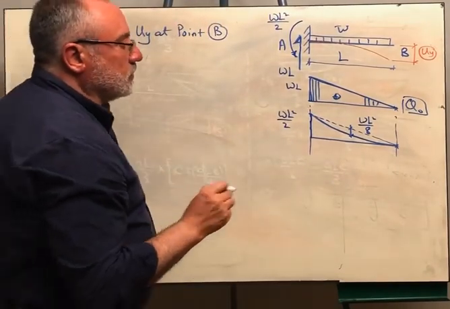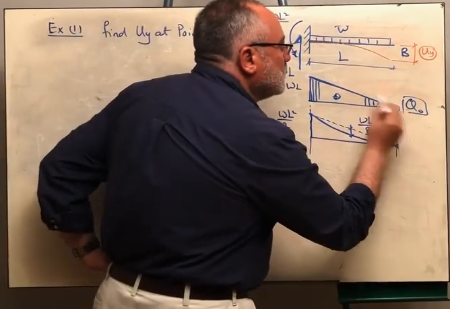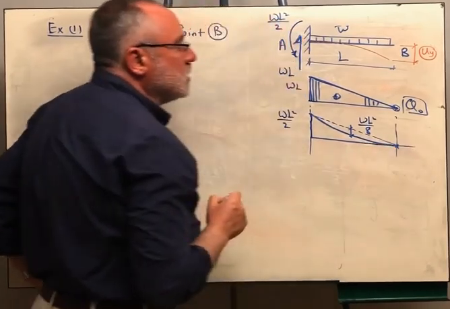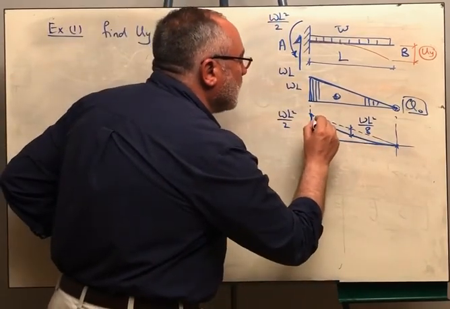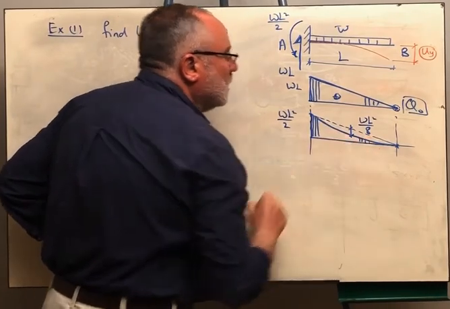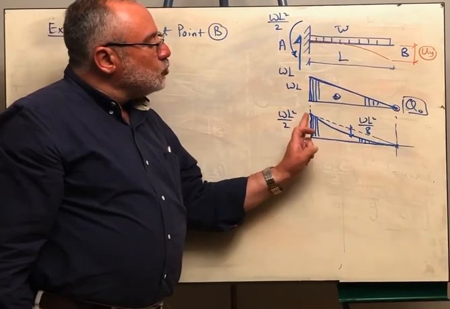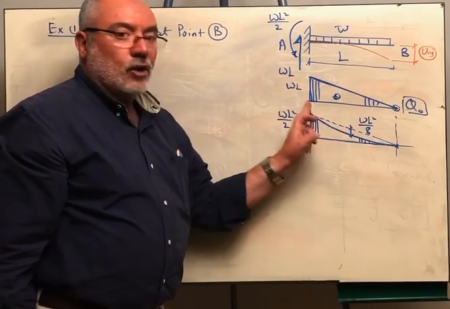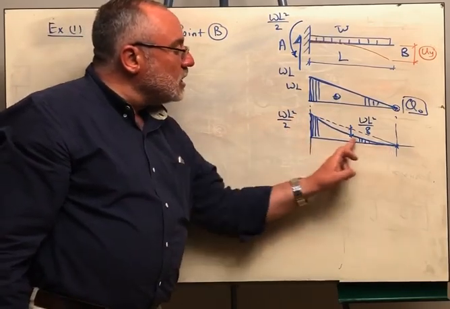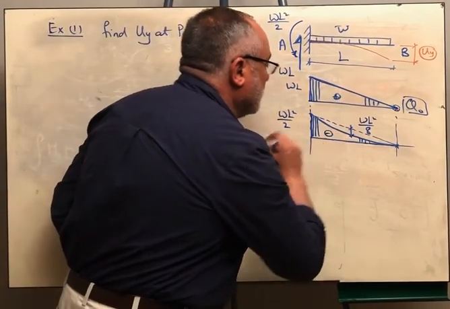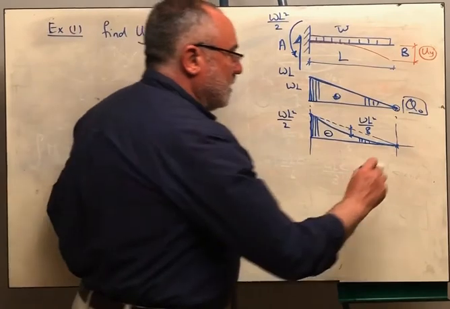But take care, because the magnitude of the shear here is 0, the tangent to the bending moment is horizontal, so this is a parabolic spandrel. I don't need to divide this into a triangle and superimpose a parabola on it. I can take this as one shape, which is a parabolic spandrel, and it is a negative diagram. So this is M naught.